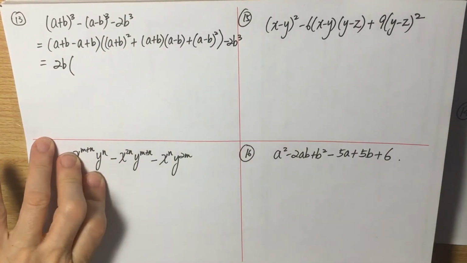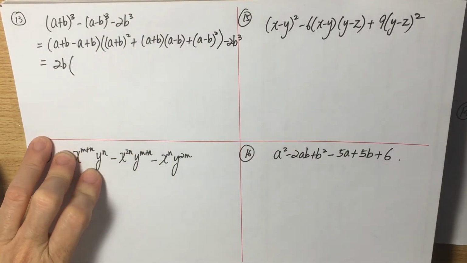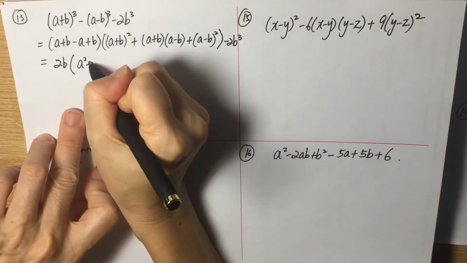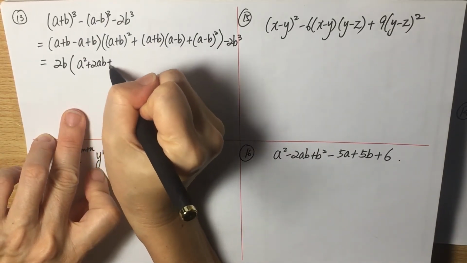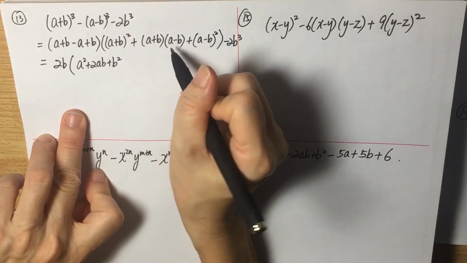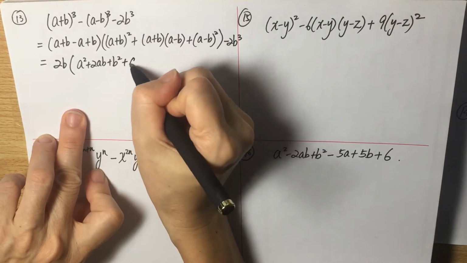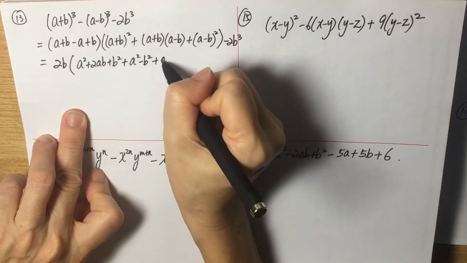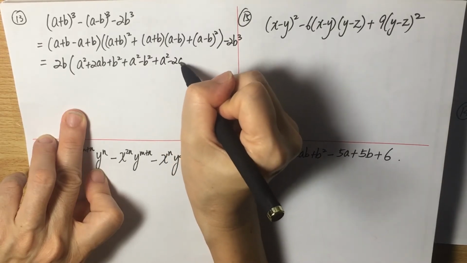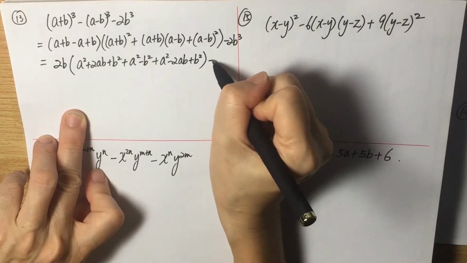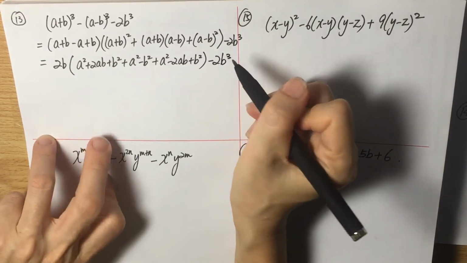Here I do expansion because there are a lot of terms that I can simplify. So a squared plus 2ab plus b squared, that's a perfect square. This is sum and difference, so you have a squared minus b squared. And this one another perfect square, but the middle term is negative 2ab plus b squared. So minus away 2b cubed.